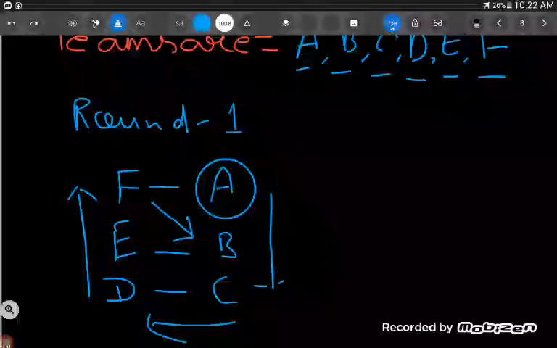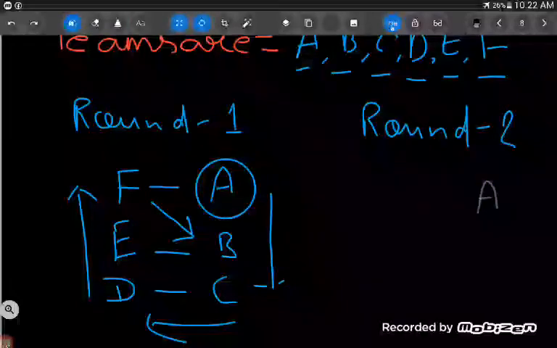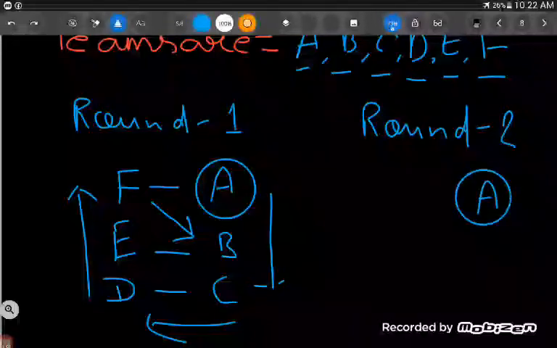On the same page I am going to draw round 2. In the second round, team A will not change its place. In all rounds, team A will not change its place. The remaining teams will rotate, meaning B, C, D, E and F teams will rotate clockwise.